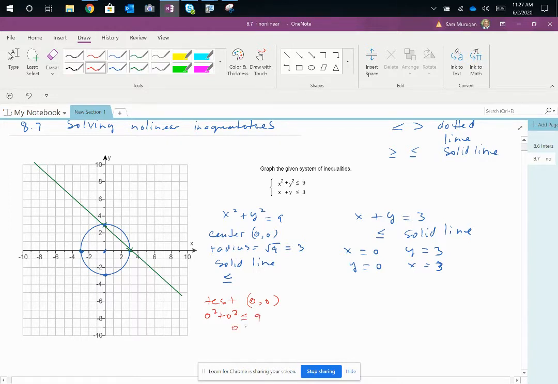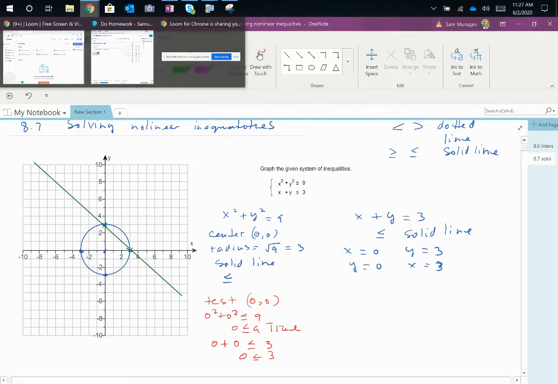So 0 is less than 9, which is true. Okay, then you have to test it in the second inequality. 0 plus 0 is less than or equal to 3. So 0 is less than or equal to 3, which is also true.